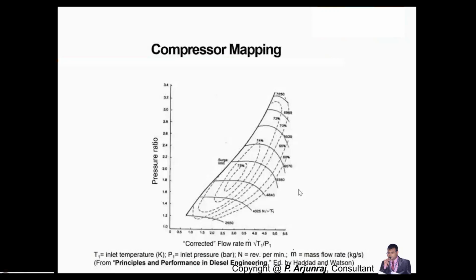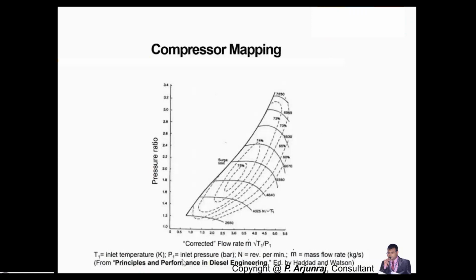Even though the efficiency is going to be higher, you are unnecessarily increasing the pressure or the flow rate, which is not required. So it's always essential to select the best required efficiency. Too much efficiency is also not viable, as even though we can meet the performance, it will affect the durability and the lifetime of the turbocharger as well.